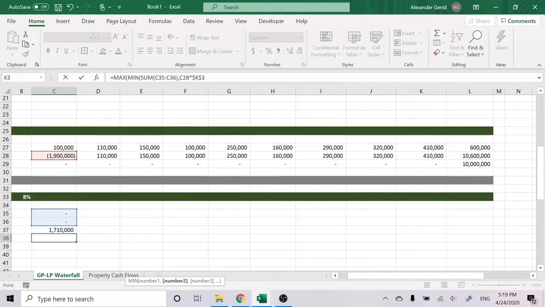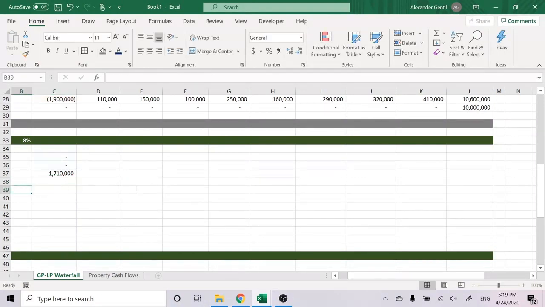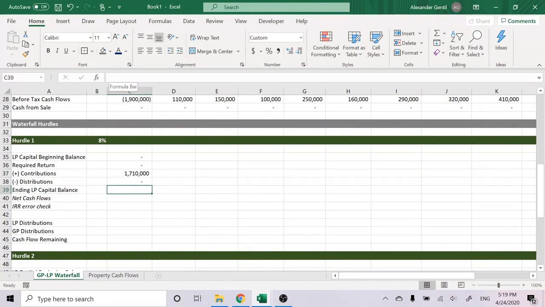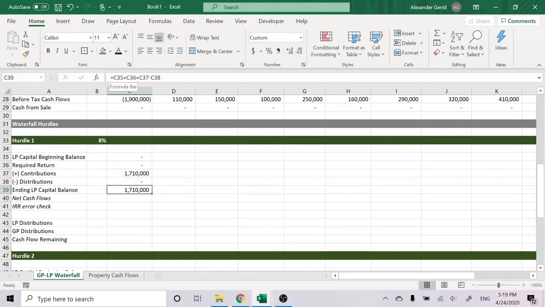Okay? And then we want to make sure that we don't have negative values here. Okay? And then our ending balance is our beginning balance plus the required return plus any contributions minus any distributions. Okay? Alright.